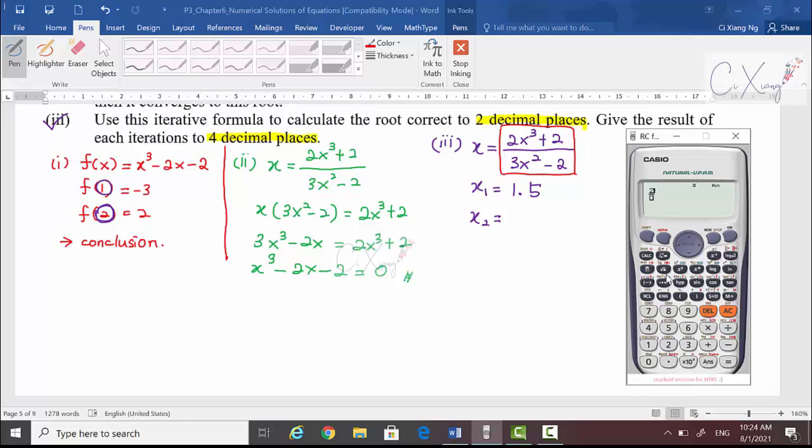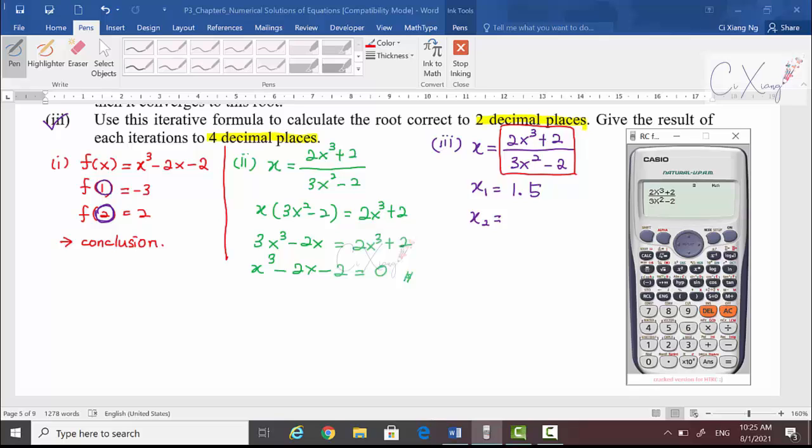I'm having 2x, so alpha power 3, then plus 2. And then what I have here is 3x squared plus, minus 2. So you can see that I key in the right-hand side of the formula. And then now I want to try to get the value for x2.